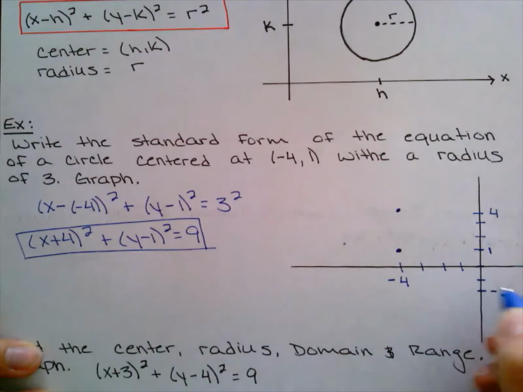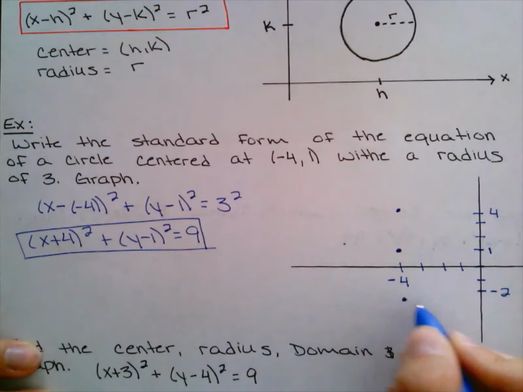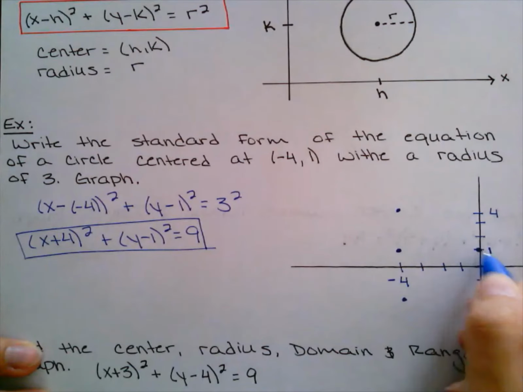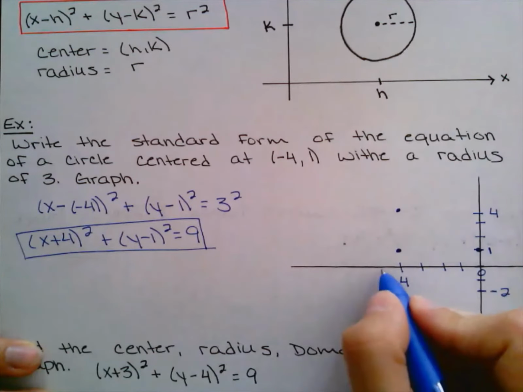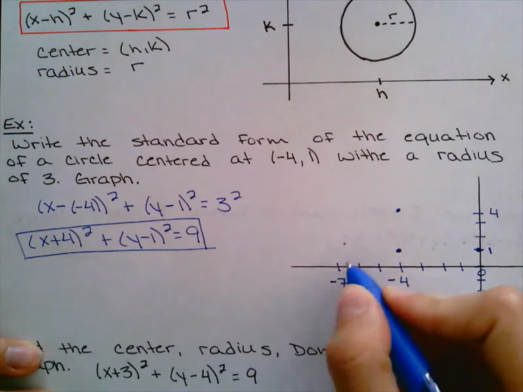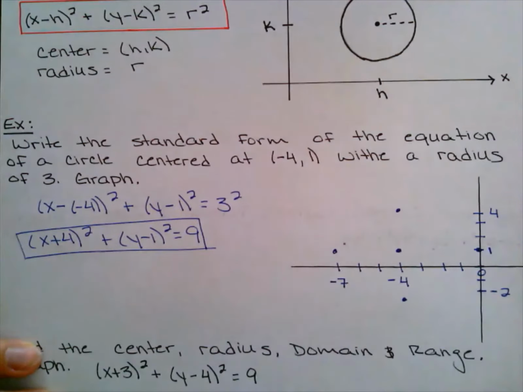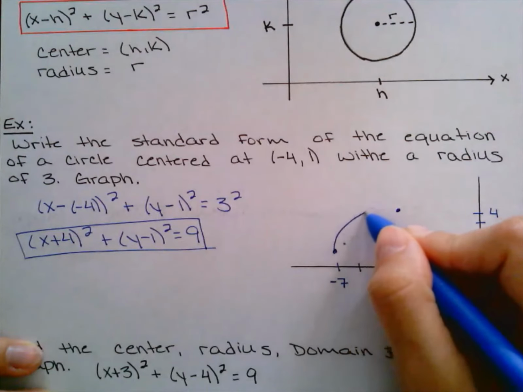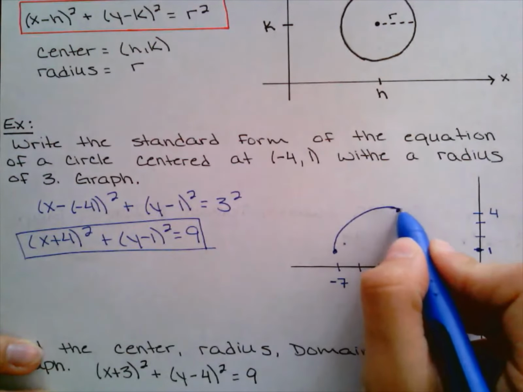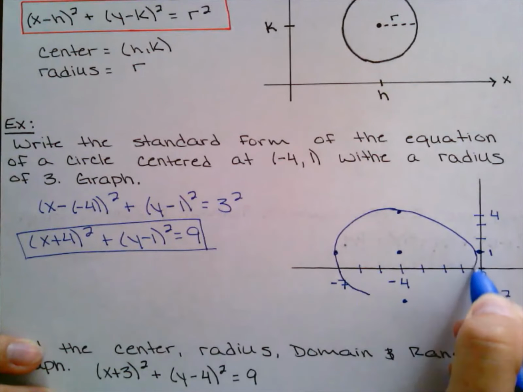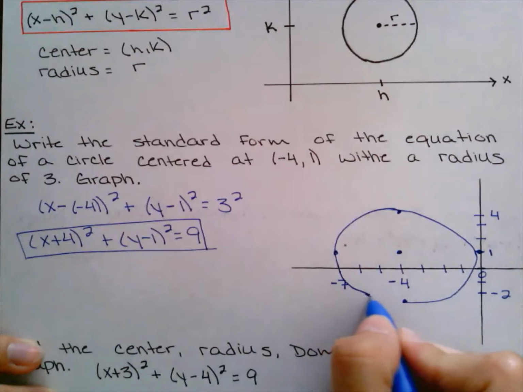That would land me at -2. 3 to the left, 1, 2, 3, landing me at 0. And then 1, 2, 3, landing me at -7. We are just sketching these graphs, so don't worry if it doesn't look like a perfect circle. You will come to see that mine never looked like a perfect circle, and that's okay.